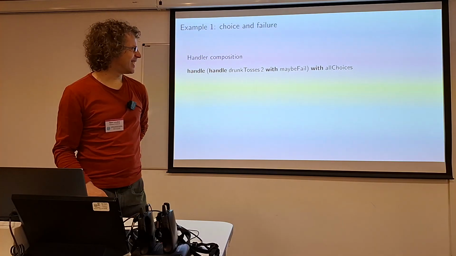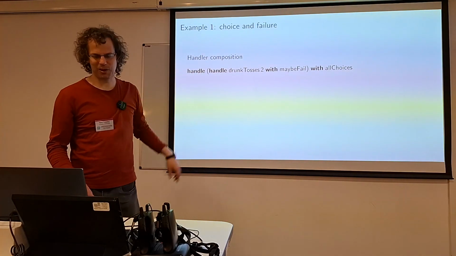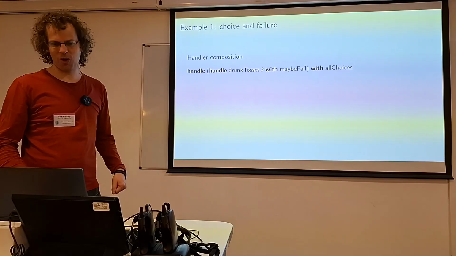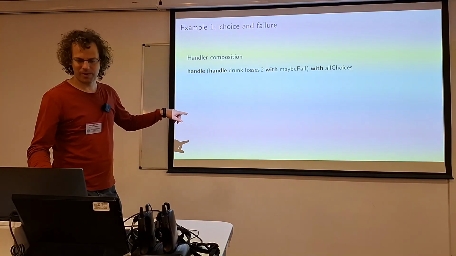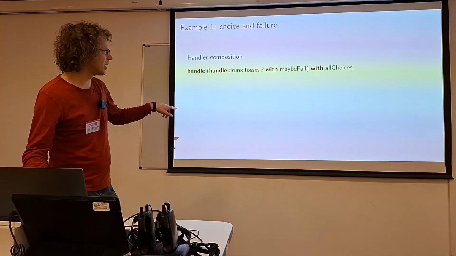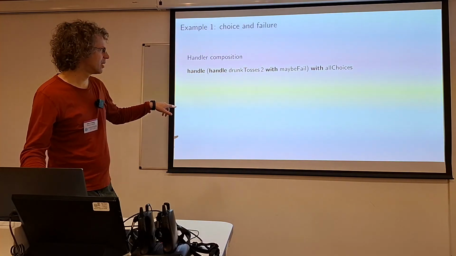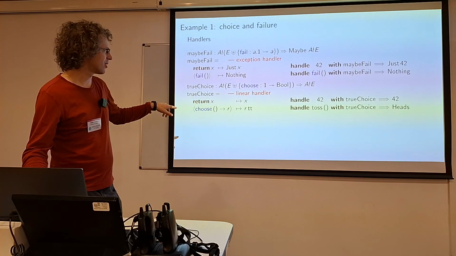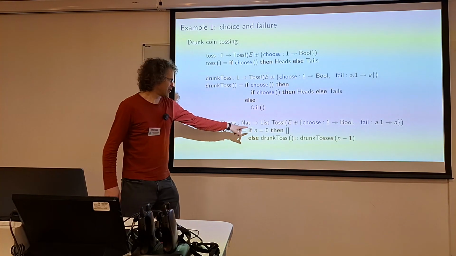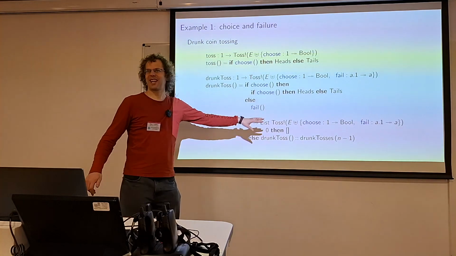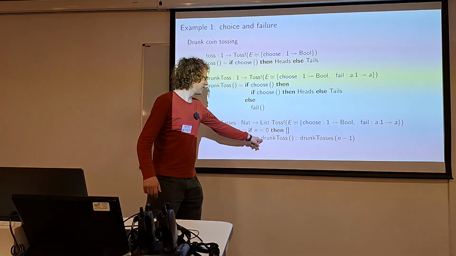I guess this example, there's something more complicated going on because we've got two handlers. And right, when we do the drunk tosses, well, what does drunk tosses do again? It's going to just run as normal. I mean, if you don't encounter any operations, you just run your code as normal.